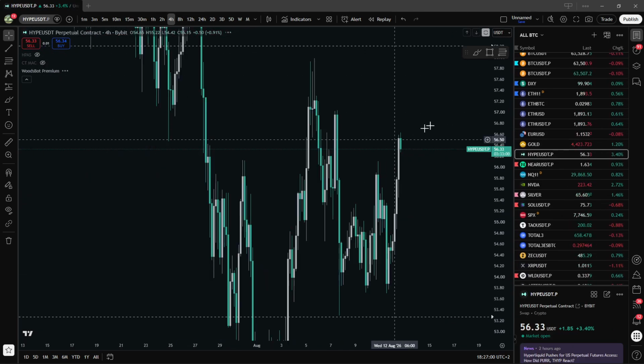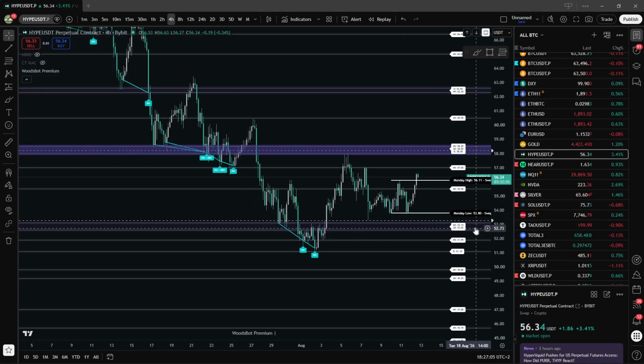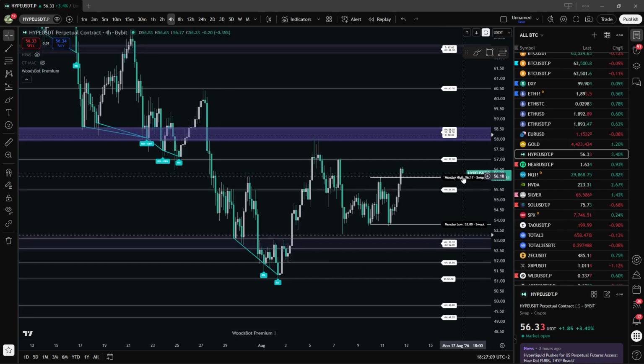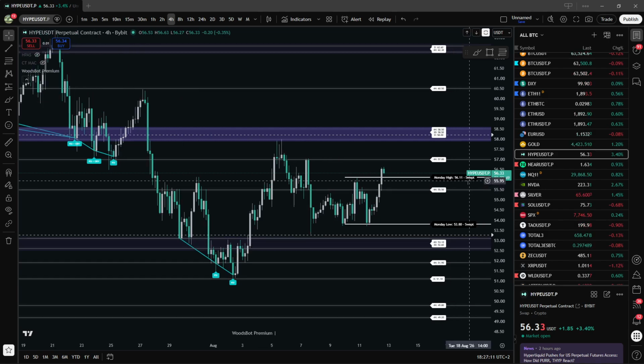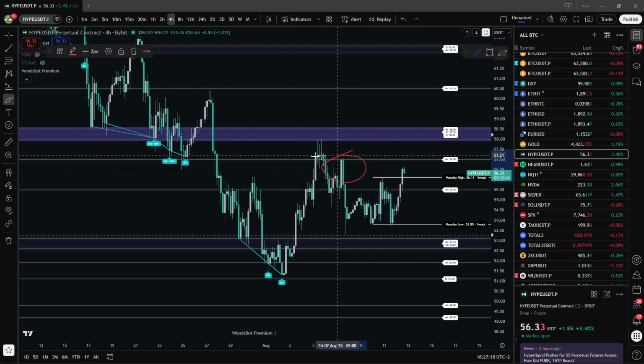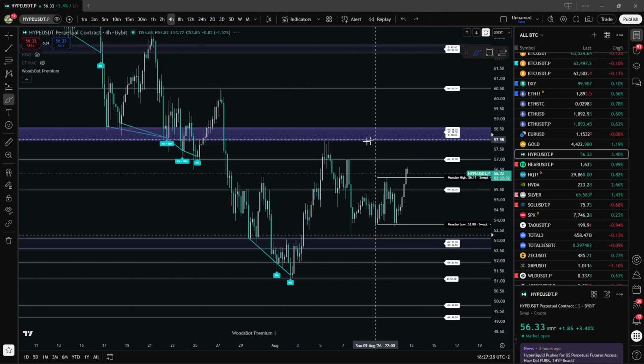Hype definitely looks pretty decent. It's still in this consolidation that we spoke about last stream, but there hasn't changed too much about it. The major resistance is obviously this level right here. So for hype, in order to change its market structure again, it definitely needs to close above these highs.